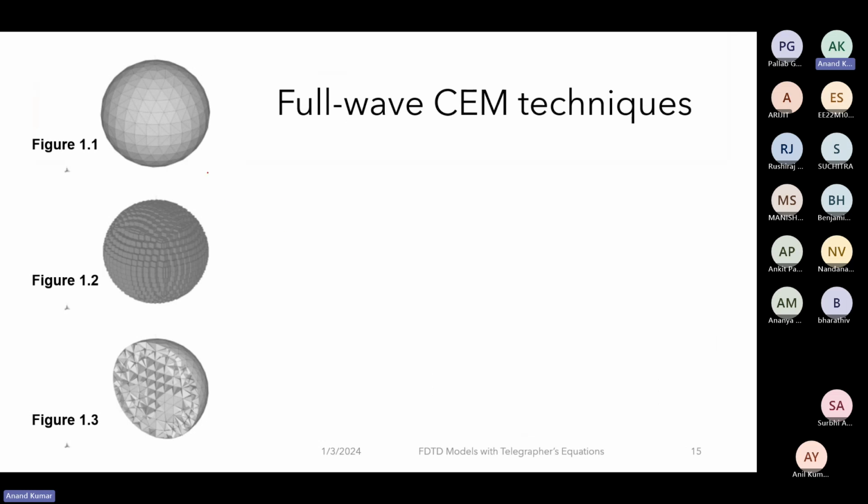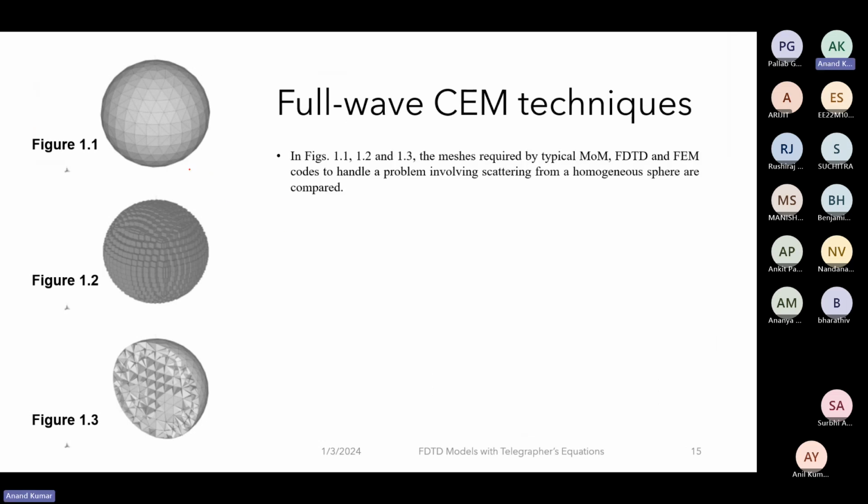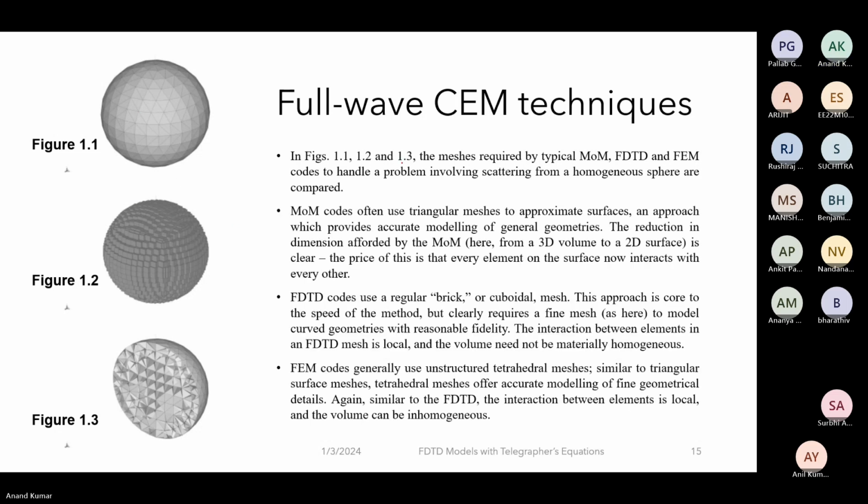Before that, let's look at how we are discretizing in each case. For method of moments codes, they use triangular meshes. You can see on this sphere we're using triangular meshes, and triangles actually give us a very good approximation of all kinds of surfaces. For example, if it is a cuboid, even in that case you can use triangles and get a good approximation.